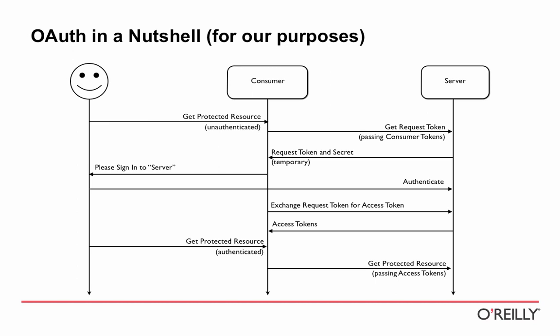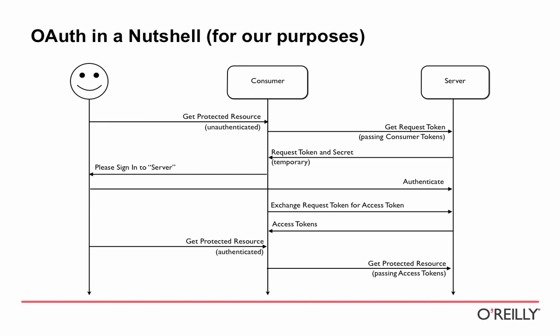So the consumer application, this third-party application, says to the server, I need to get a request token from you, and I'm going to pass along these consumer tokens, which I go over in my screencast, how to get those consumer tokens. The consumer passes those to the server, and the server says, yes, okay, I know who you are. You're a third-party application that's registered with our service, and I can see that you want to make a request on behalf of a user.